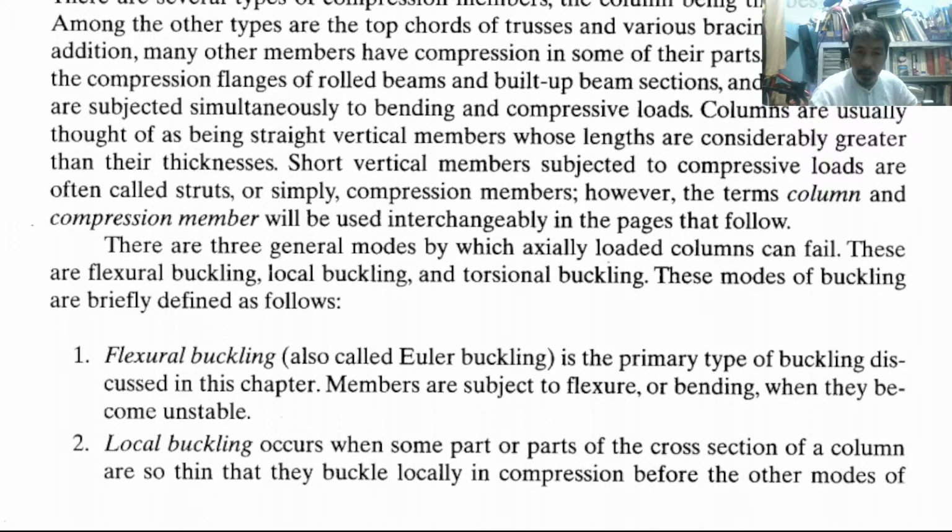These modes of buckling are briefly, formally defined. Flexural buckling is also called Euler buckling. Last meeting, if you can recall, we talked about Euler buckling. We have the Euler formula, and it is the primary type of buckling discussed in this introductory chapter.